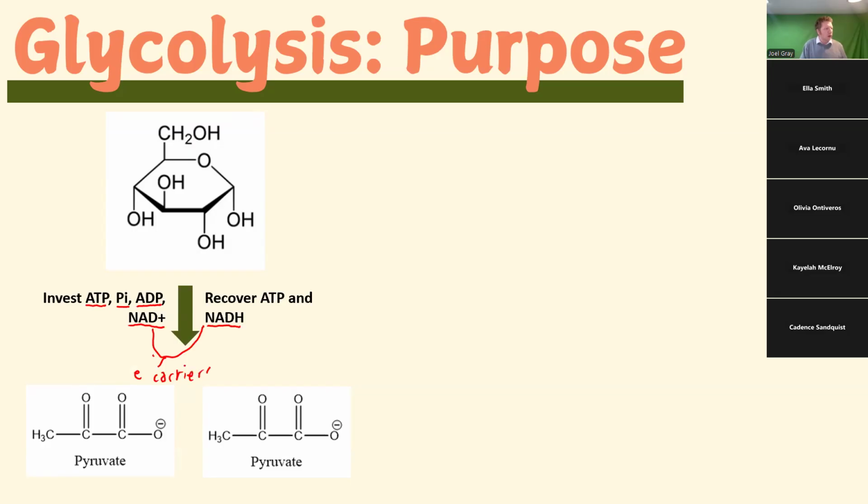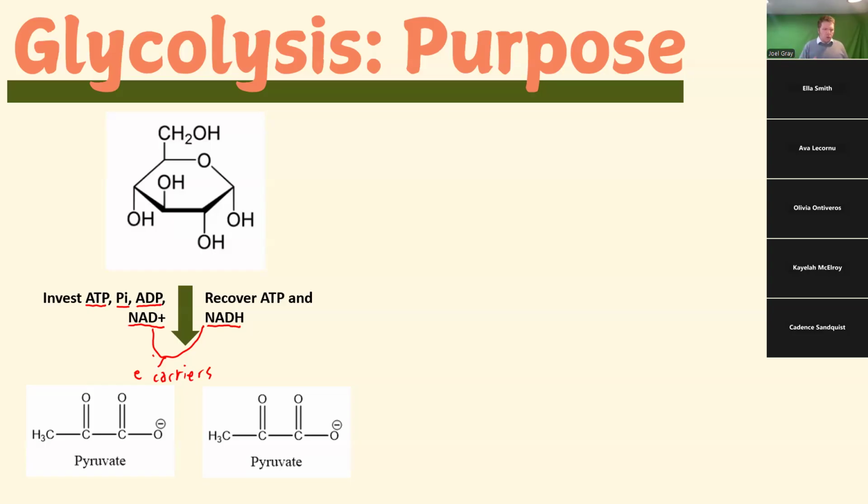Could anyone tell me what type of reaction, or rather, what type of reaction do you know of where you talk about the transfer, something gaining or losing electrons? Redox, perfect. So oxidation-reduction reactions, or redox reactions.